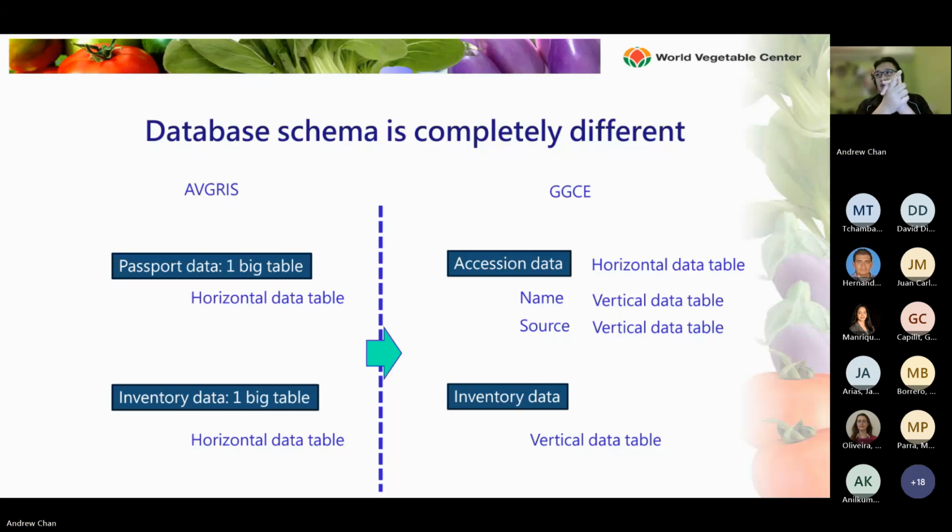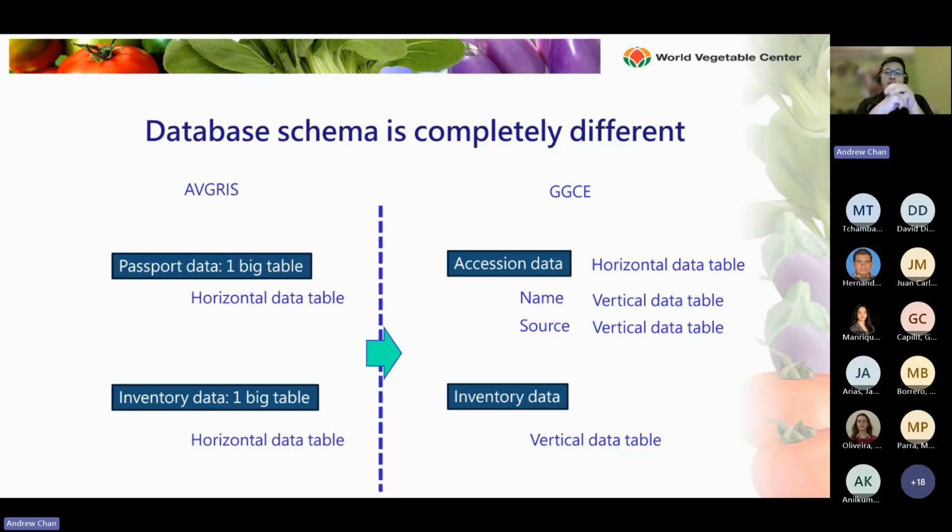So in Evergrid, this is limited. Maybe only 5 or 6 names are allowed to be put into the database, but in GGCE, you can put any kind of names you want into the system because the name is a vertical data table. You just add a row, add a record, and the name is included. The source is the same situation.